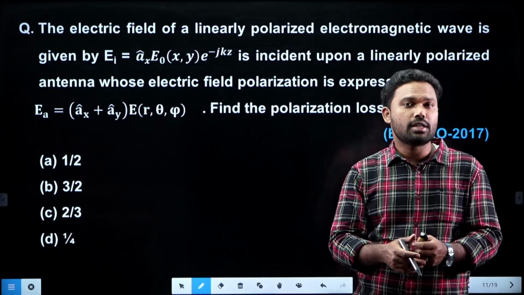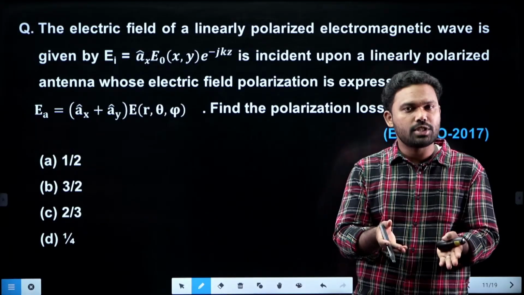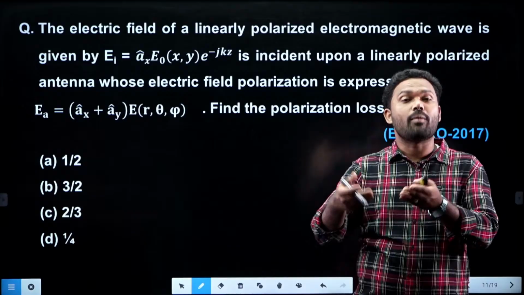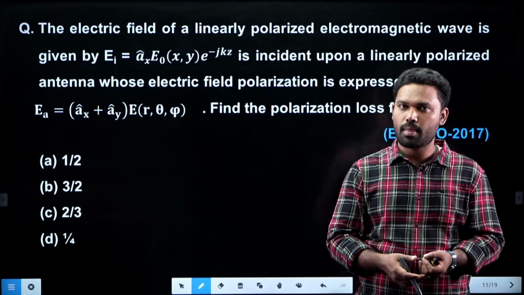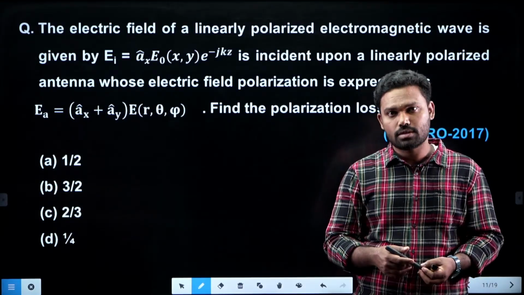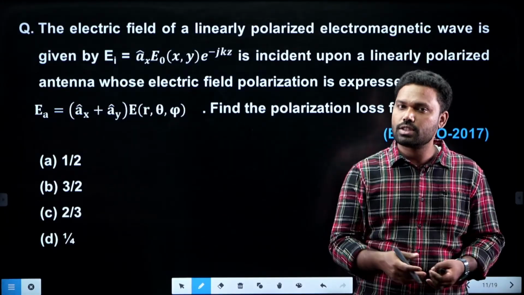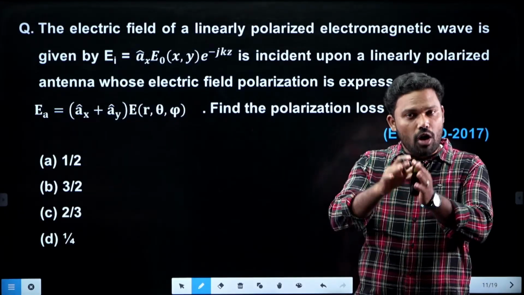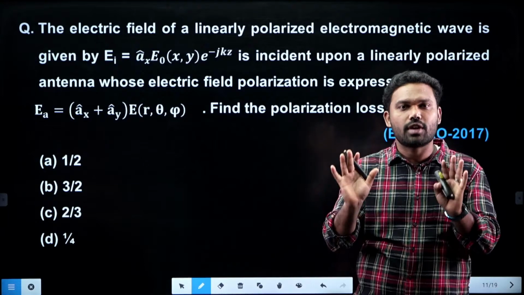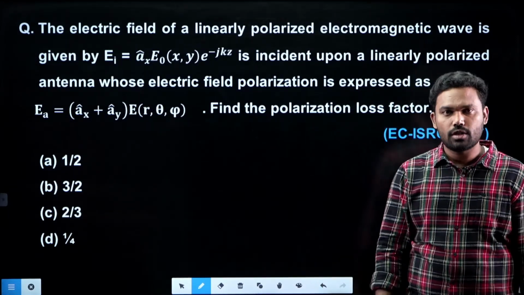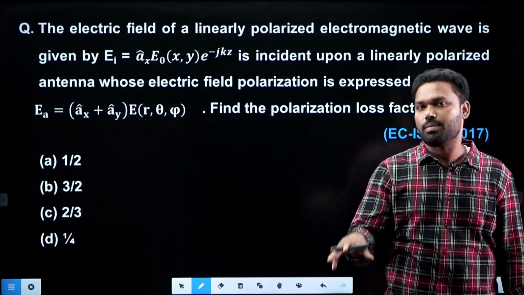Where do you find the applications of electromagnetic theory? In the transmission lines, antennas, waveguides, microwave communication, fiber optic cables, radars, satellites, advanced communication systems. So from all these topics, questions are there in the ISRO paper. So you need to focus on those topics.